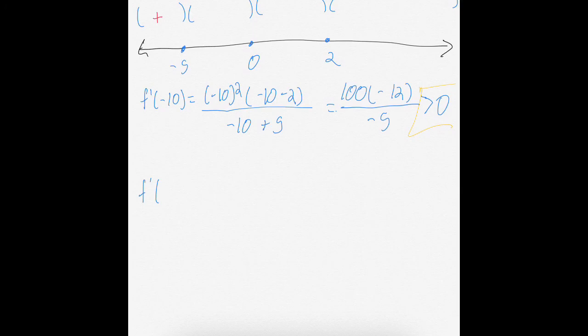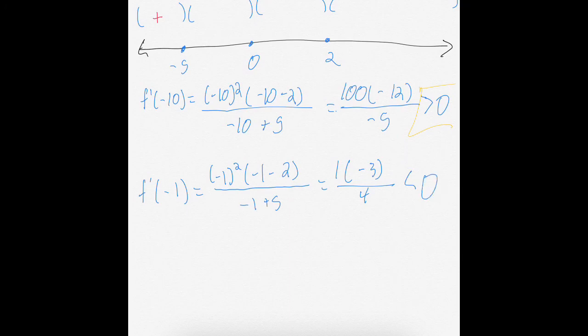Okay, so next up, let's move over to our next interval. I want to pick something between -5 and 0. Since I have open parentheses, I don't want to include the endpoints. 0 is usually a great point to plug in, but we're not going to do that here because we're not including it. I'll go with -1. So that'll give me -1 squared times -1 minus 2 over -1 plus 5.